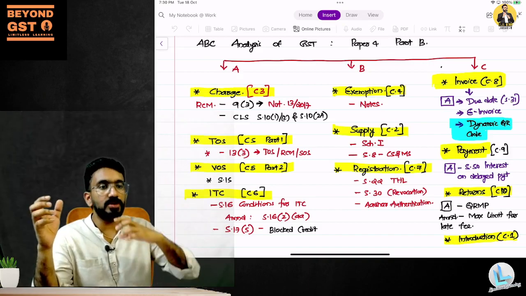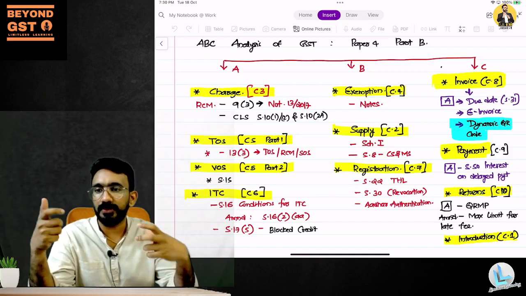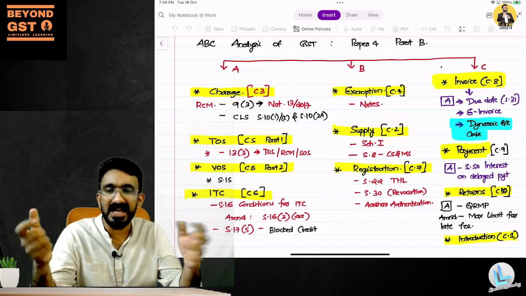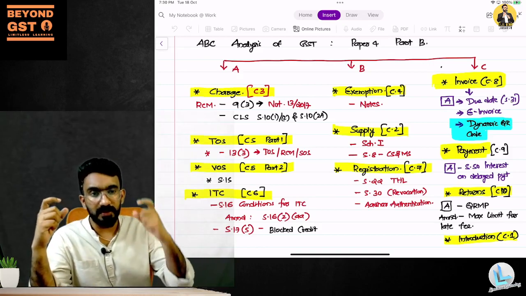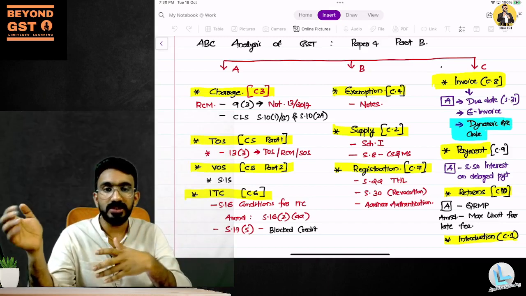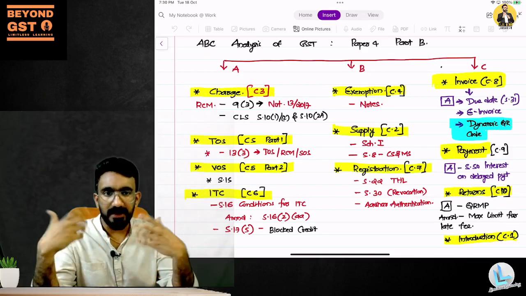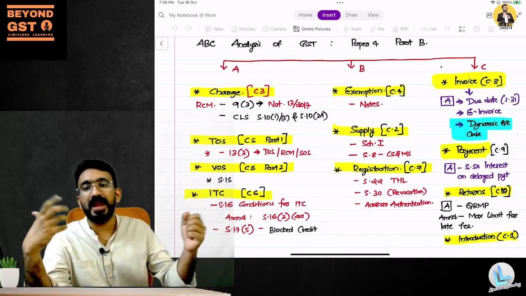So if you're not looking into the ICAI textbook, what I recommend from here is to look at the examples inside the ICAI textbook. When you look at that, please be watchful of the amendments. There are a few areas, like Rule 36(4), that are amended in the ITC chapter. Now Section 16(2)(aa) is being introduced.